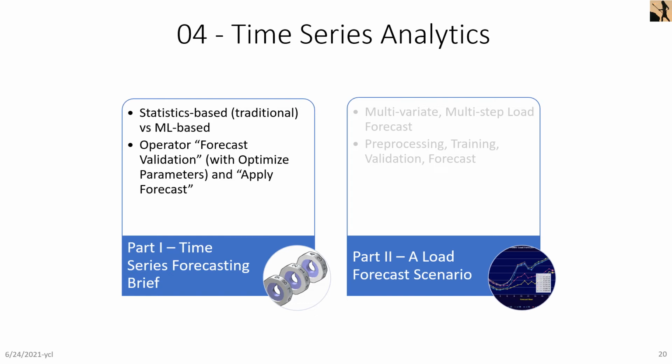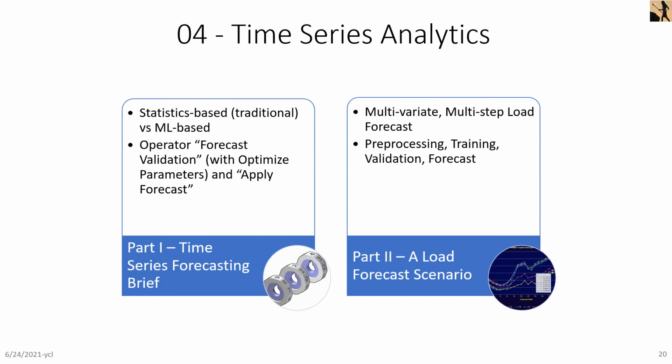Once we are clear about that and have some feeling between the difference of the two, we will come back to visit these particular data sets for the power consumption, right? And we will show an end-to-end workflow with preprocessing, training and validation, and the forecast, right?